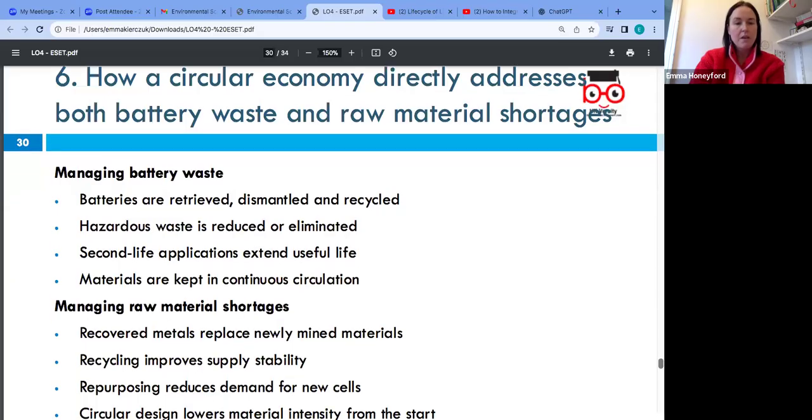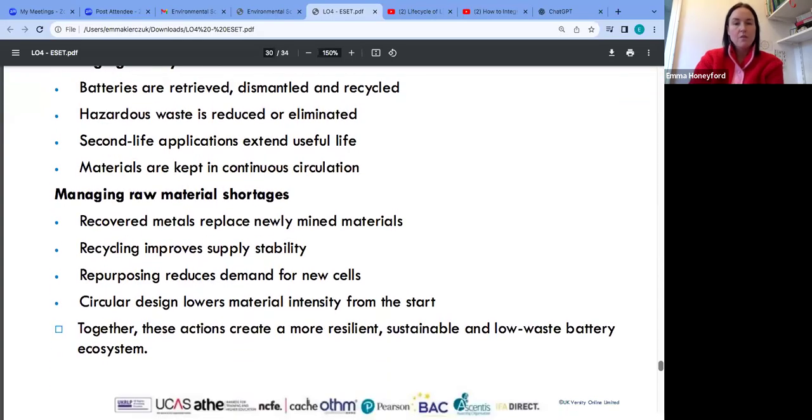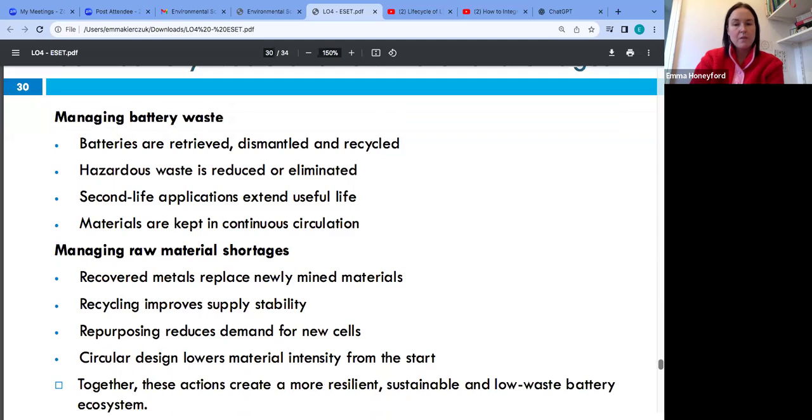And then managing raw material shortages. If we apply circular principles, this reduces our reliance on supply chains from across the world. If there's any kind of war or any kind of problems around the technology in those countries, we're going to be stuck.